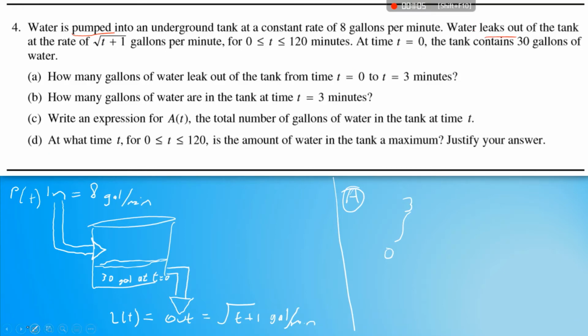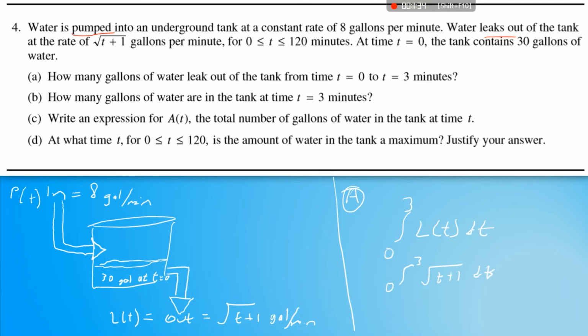So I'm integrating our rate at which water is leaking out of the tank, which is L of t, in terms of time. Okay, be sure you write what you're integrating in terms of as well to get full credit for your integral setup. So this is the integral from 0 to 3 of root t plus 1 dt.